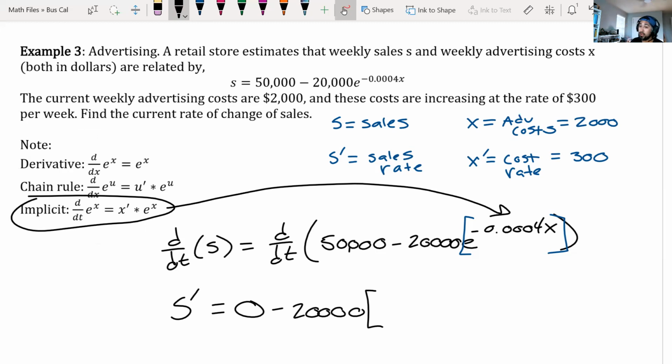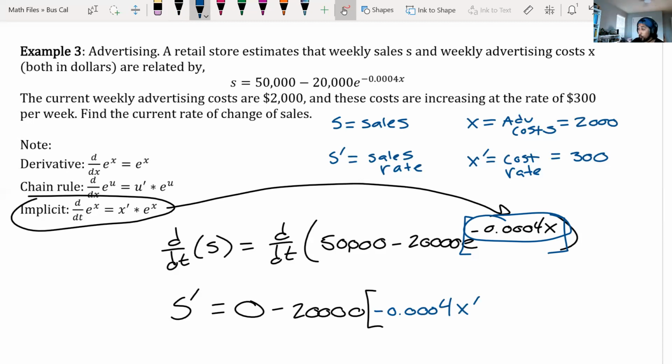So it says the implicit derivative of e to the x with respect to time is going to be x prime times e to the x. So what that says is it's going to be the implicit derivative of the exponent. So we're taking the implicit derivative of negative 0.004x, which is going to be negative 0.004x prime.